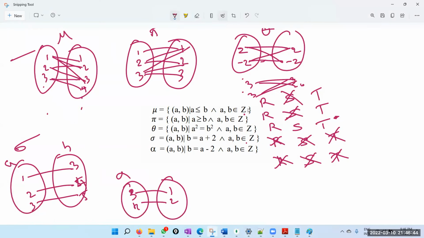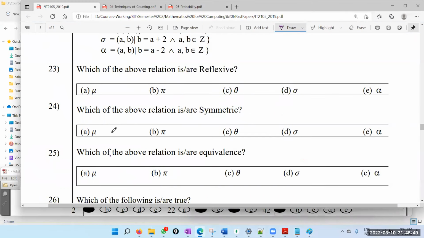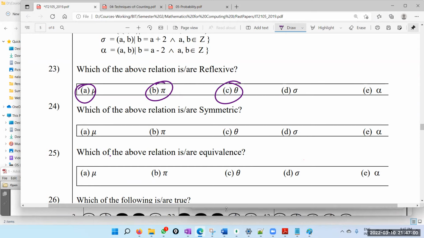Reflexive: mu, 5 and theta. Mu, 5 and theta. That is ABC. Yes, ABC. Okay, 23 ABC.